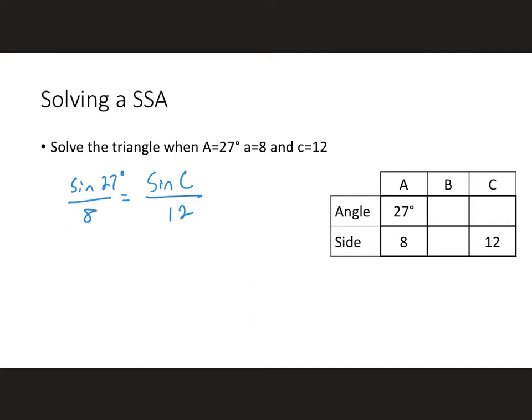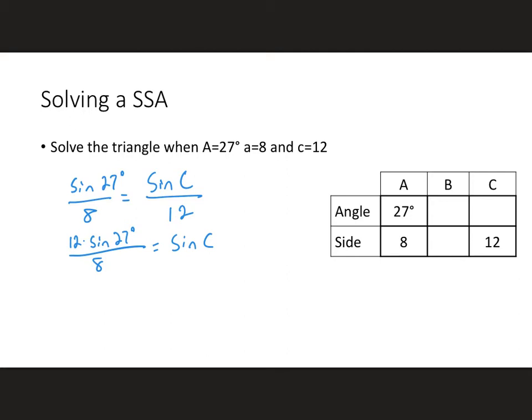Great. We only have one variable, and it's an angle, which is great. So if we move 12 over to the other side by multiplying it by both sides, we'll end up with 12 times the sine of 27 divided by 8 equals the sine of C. And then if I want to find out what that angle is, I just need to take the arc sine of the entire other side.